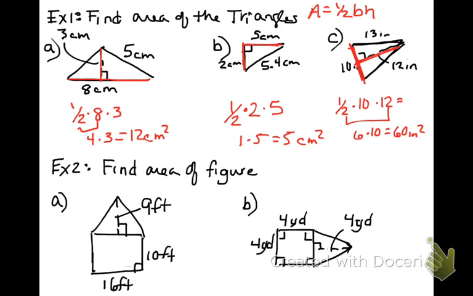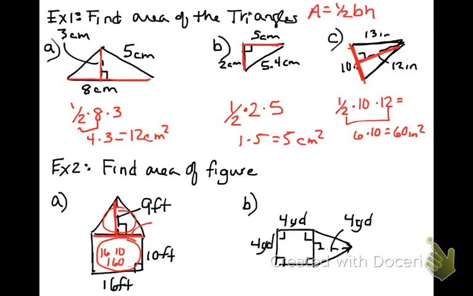All right, example 2, they put two figures together. I'm going to do the rectangle first. So remember, it's base times height. So it's going to be 16 times 10, which is 160. And then my triangle, and this and this go together. They're 90 degrees.